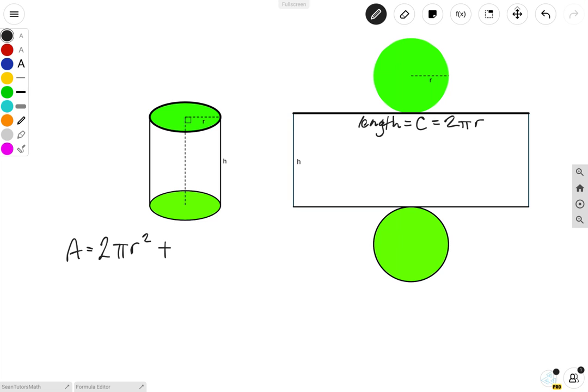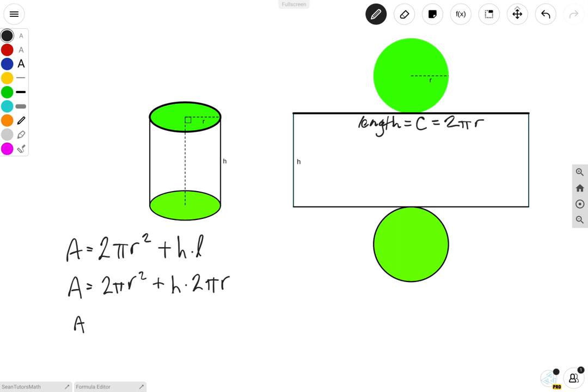And then added on to that is that rectangle in the middle, which is our height times our length. Now our length we said is equal to the circumference, so we have 2 pi r squared plus our height times that length, which is our circumference, C, or 2 pi r. So there's our general equation.